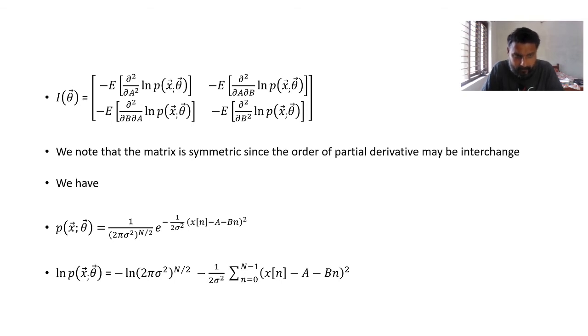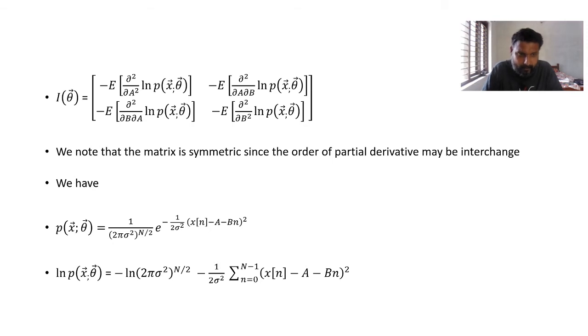So afterwards we can write p of x of theta is nothing but (1 by 2 pi sigma square) raised to n by 2 e raised to minus 1 by 2 sigma square into sum of n equal to 0 to n minus 1 x of n minus a minus b n the whole square. That step I have not indicated here. If you want, you can indicate that one. That is, in between these two equations, you just indicate p of x of theta is nothing but (1 by 2 pi sigma square) raised to n by 2 e raised to minus 1 by 2 sigma square sum n equal to 0 to n minus 1 x of n minus a minus b n the whole square.